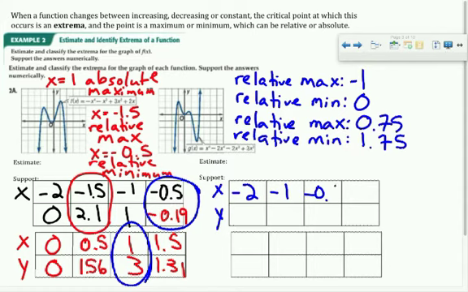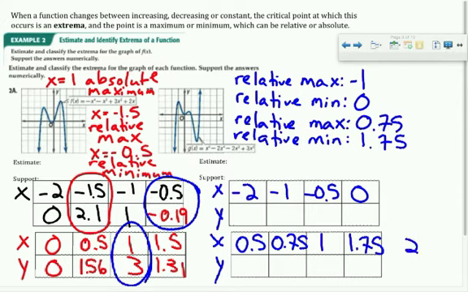Maybe a -0.5, because it looks like I've got a maximum at -1 and then a minimum at 0. So I'll plug in 0 as well. Maybe 0.5, 0.75, 1, 1.75, and maybe 2. So I've got all these values that I'm going to be plugging into the function.